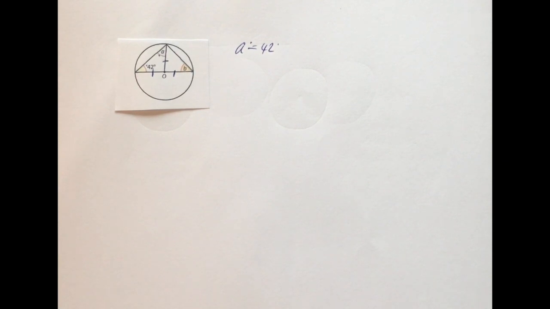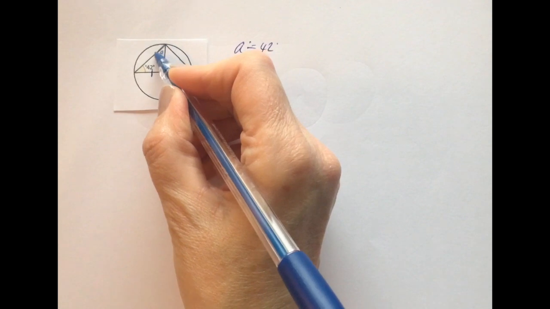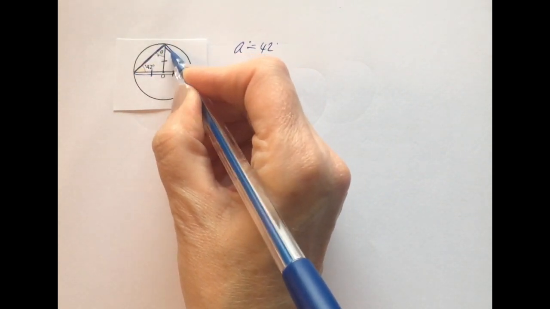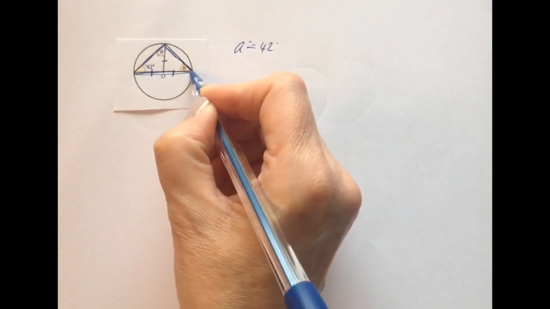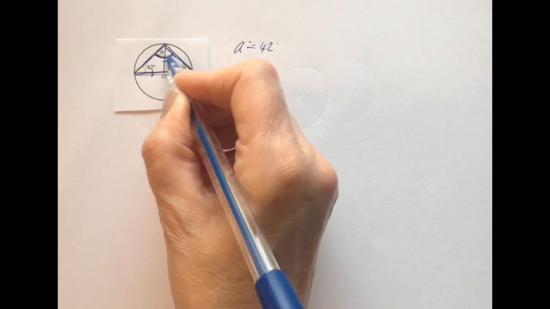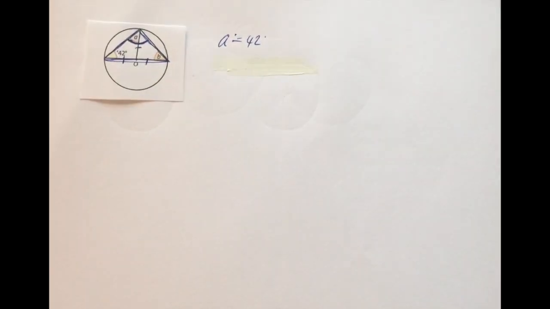And then I also know, if you look at the bigger triangle, where my base is the diameter, that whole angle up at the top must equal 90 degrees.